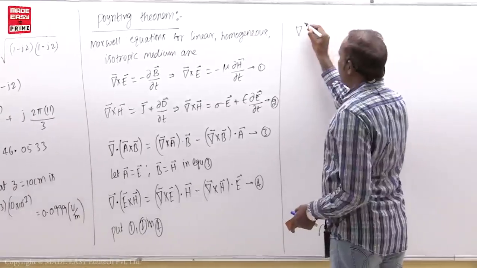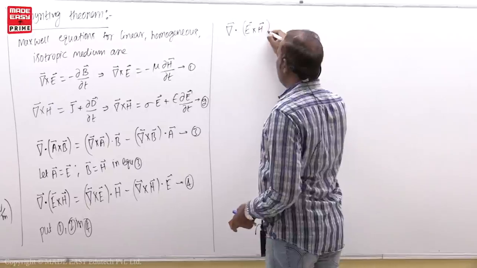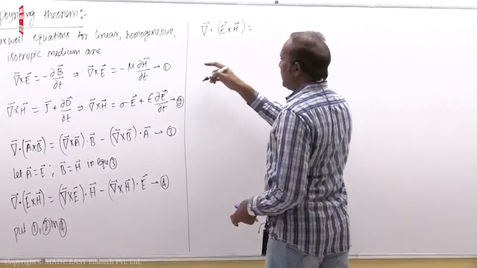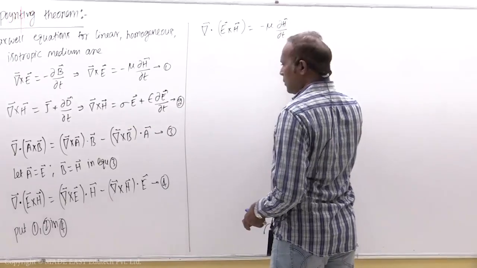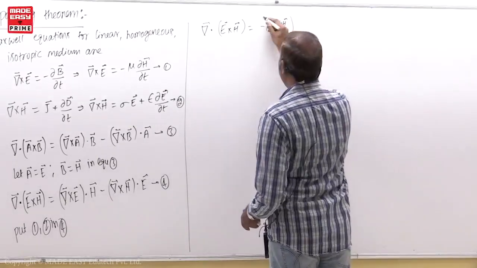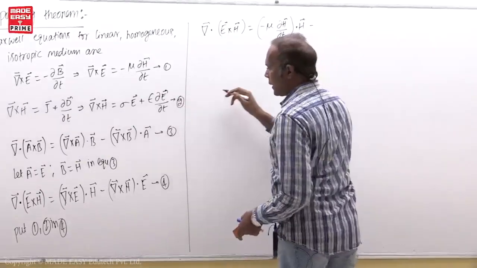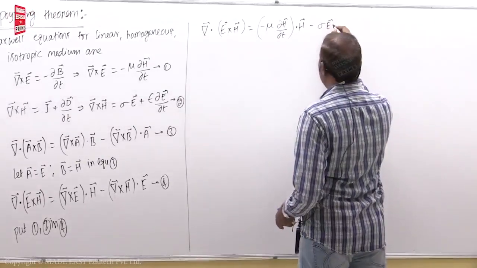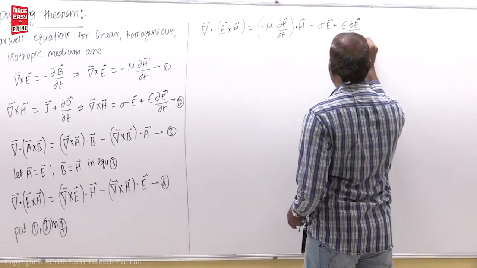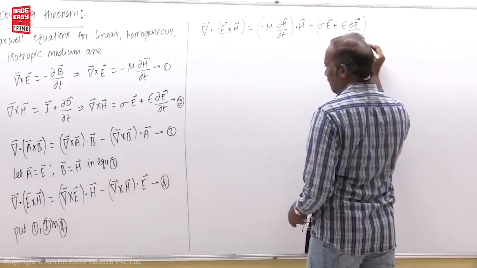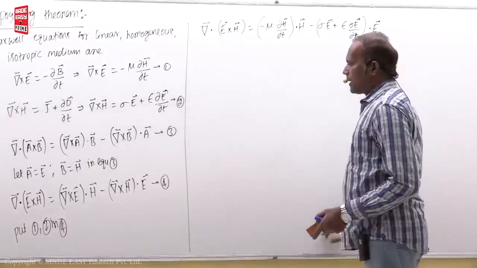Now del dot E bar cross H bar is equal to, del cross E is minus mu into dou H bar by dou t, dot H bar, then minus of del cross H, which is sigma E bar plus epsilon dou E bar by dou t, dot E bar.